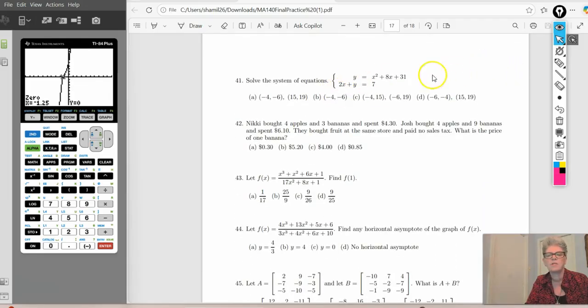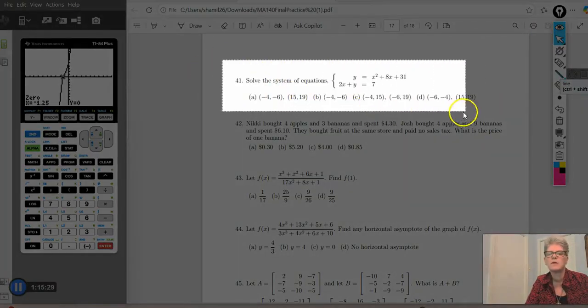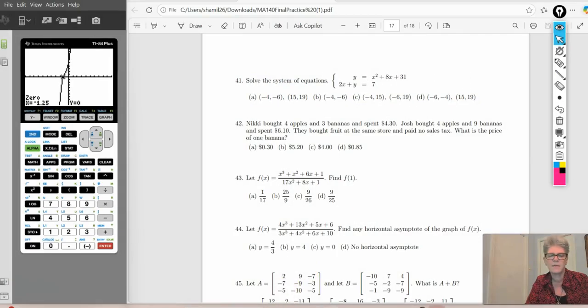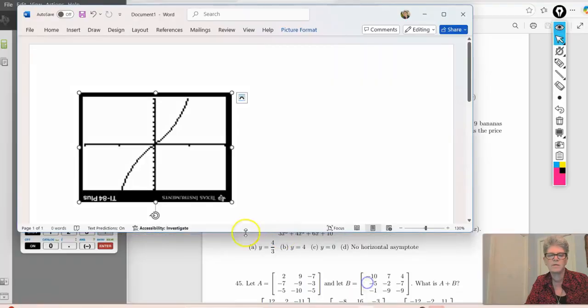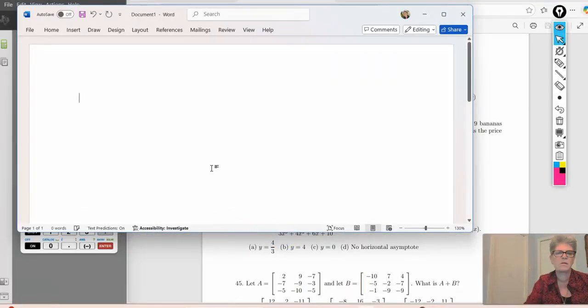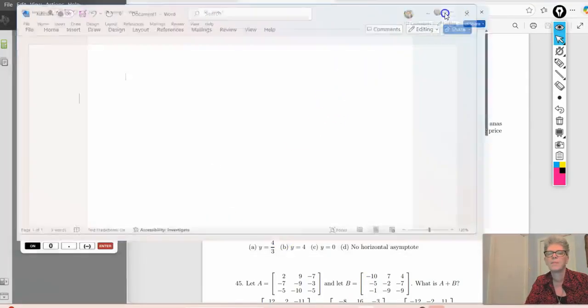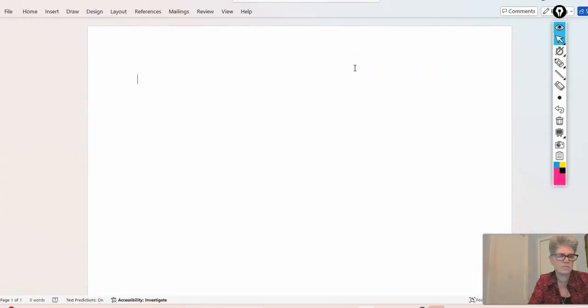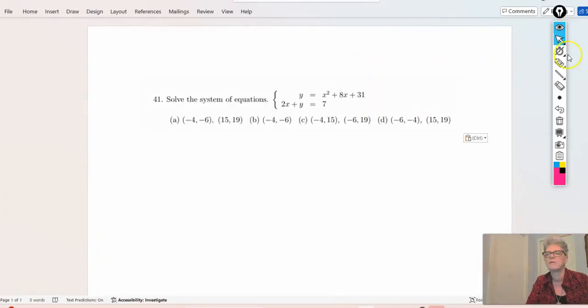Solve the systems of equations. All right. So, you know what? I might take a screenshot of this one and solve that over here. Okay, so I'm going to rewrite that.